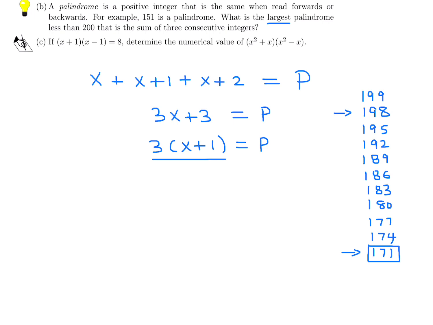And just for the sake of curiosity, if you want, you can sub it in. x plus 1 is equal to 171. And you'll get that x is equal to 56. So that means these numbers are 56, 57, and 58. So the answer to this question is 171.